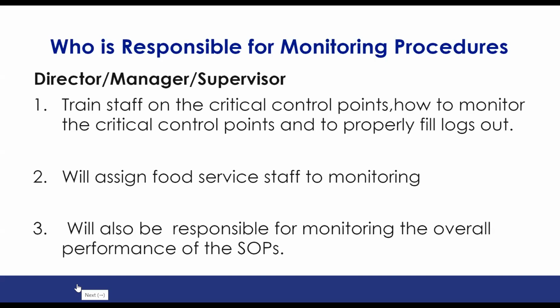Depending on your load, how much you're bringing in is how many you're going to choose. The more items you have, the more random samples you should have. And the same with the cold products. Think of your TCS foods that are higher at risk.